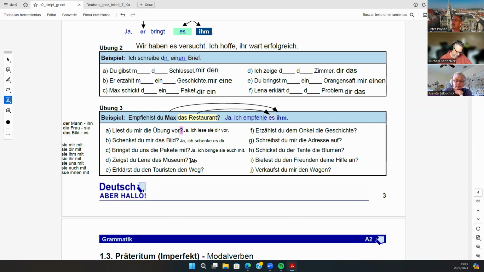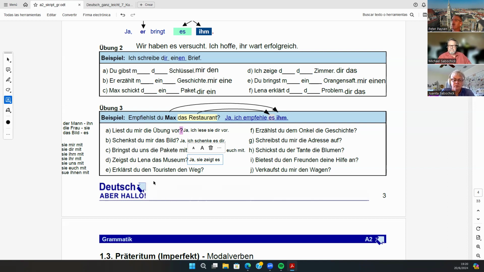Zeigst du Lena das Museum? Lena. I don't know what goes next. Well, okay.